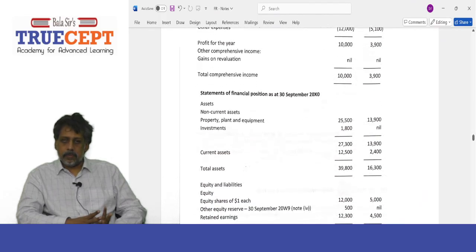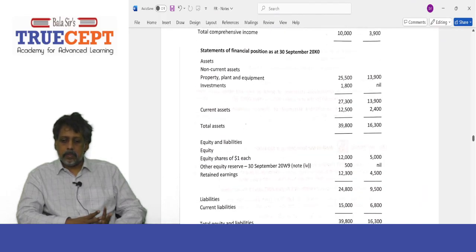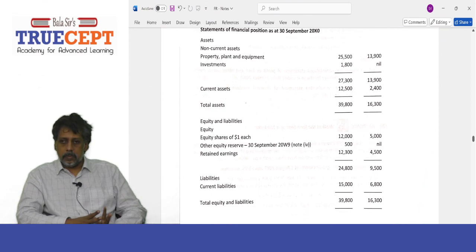Then statement of financial position as at 30th September 20x0. Assets, non-current assets, property, plant and equipment 25,500 and 13,900. Investments 1,800 and nil. Current assets 12,500 and 2,400. Then total assets 39,800 and 16,300.